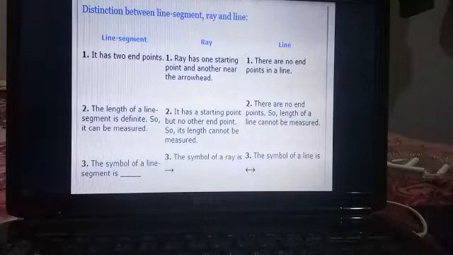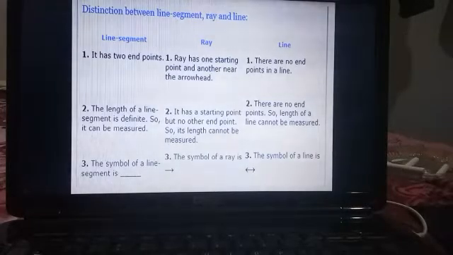The second point of the line is that there are no end points, so the length of a line cannot be measured. Means a line has infinite length, and the thing which is infinite cannot be measured. Third property of the line segment is that the symbol of a line segment is simply a line without arrow.